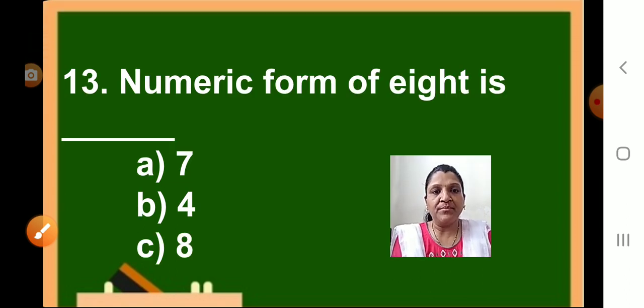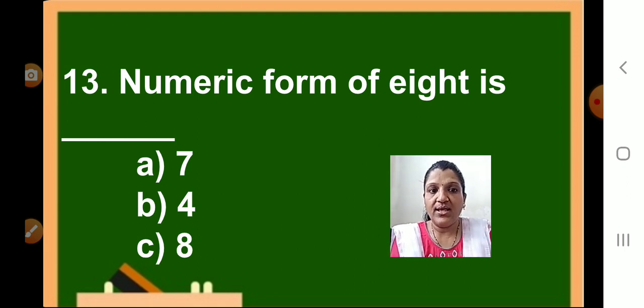Question number 13. Numeric form of EIGHT 8 is dash. Again here we have to find the numeric form, that means number for the given number name. Numeric form of EIGHT 8 is, what are the given options?